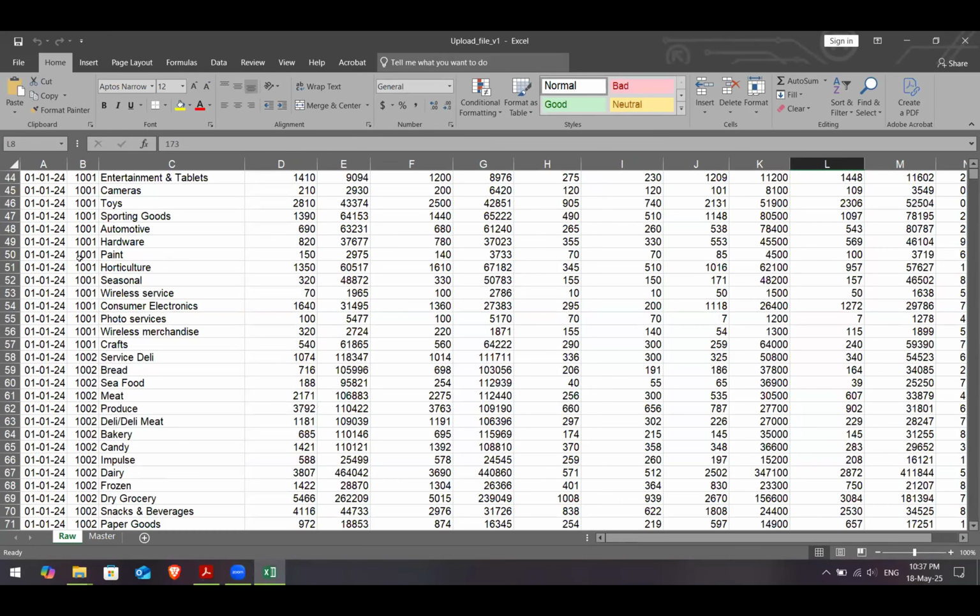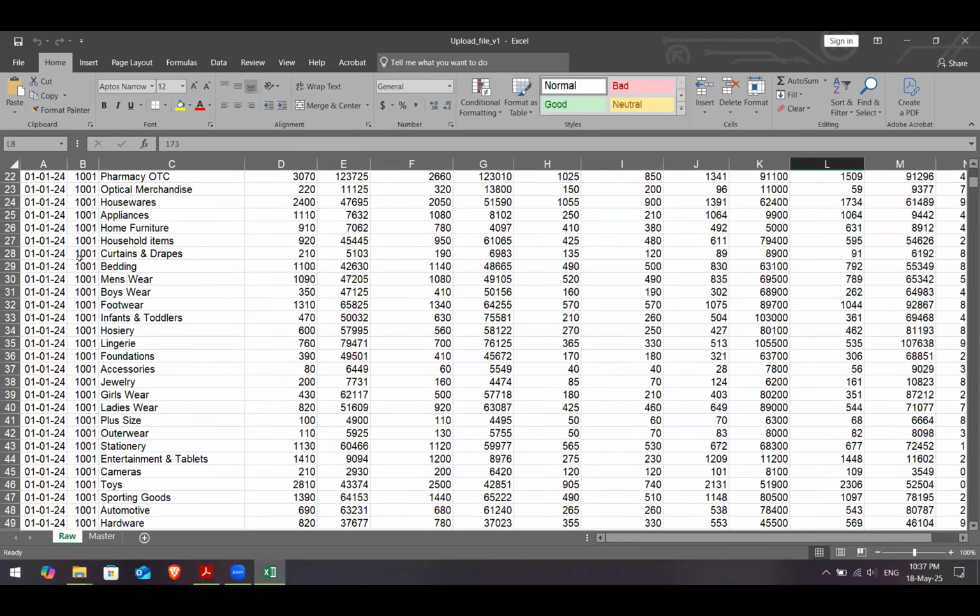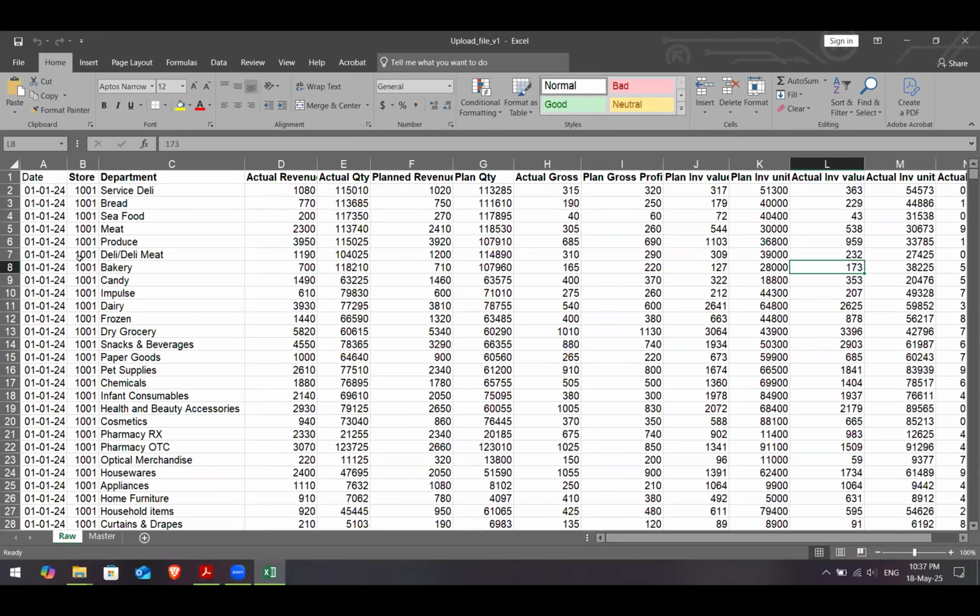And you can handle n number of stores. Suppose we consider Walmart, which has multiple stores like branches that come under it. And then the departments, like breads, mobile phones, electronic appliances, and all that.